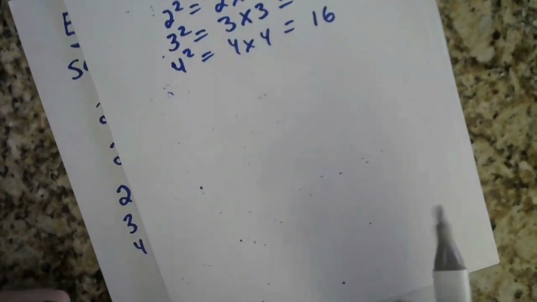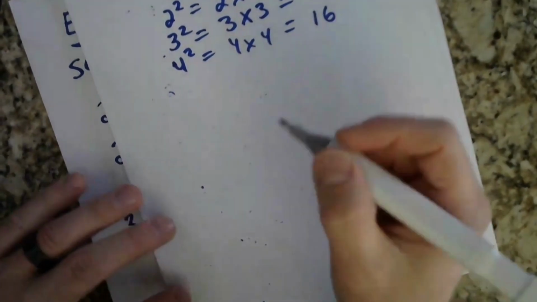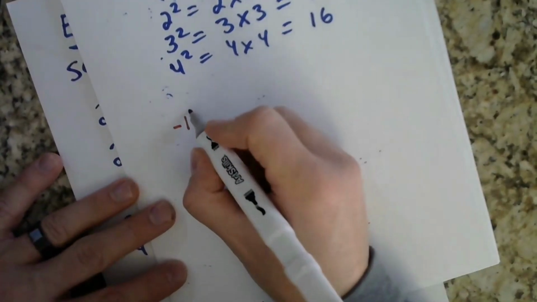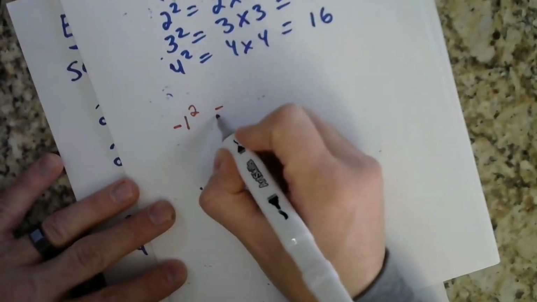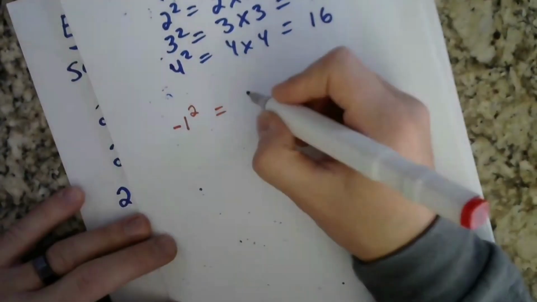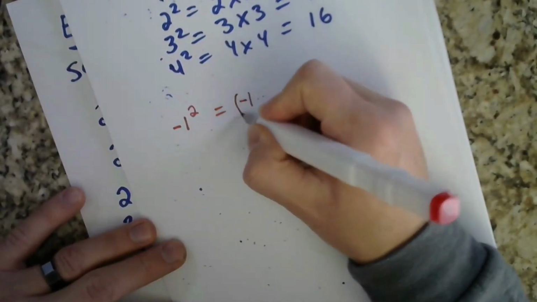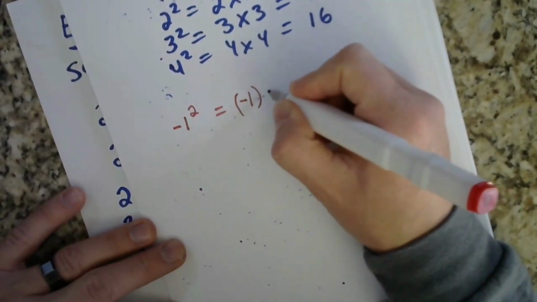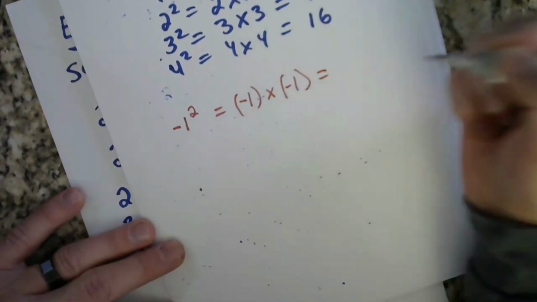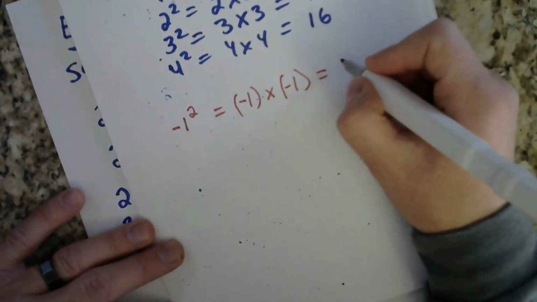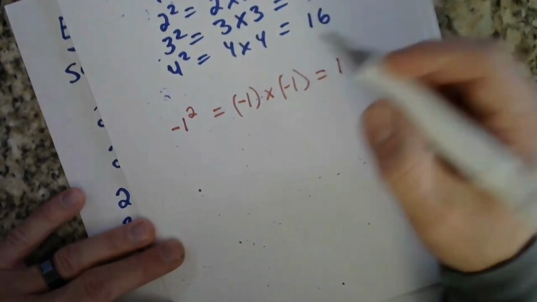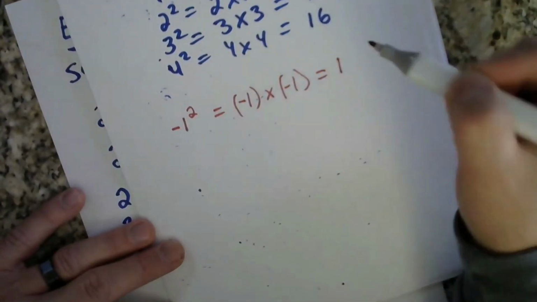So now I'm going to talk about a little extra piece here where if we have a negative number and we square it, what happens? So basically, if you square a negative 1, it's basically negative 1 times negative 1. And the result would be a positive number because if you remember, 2 negatives make a positive.